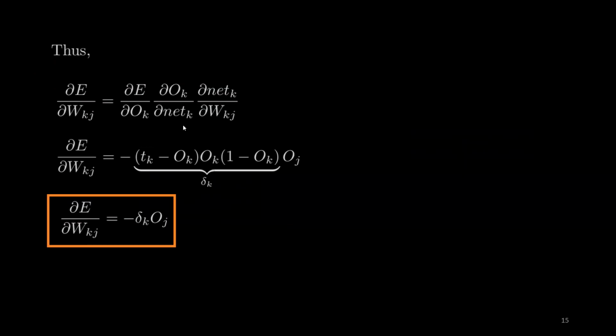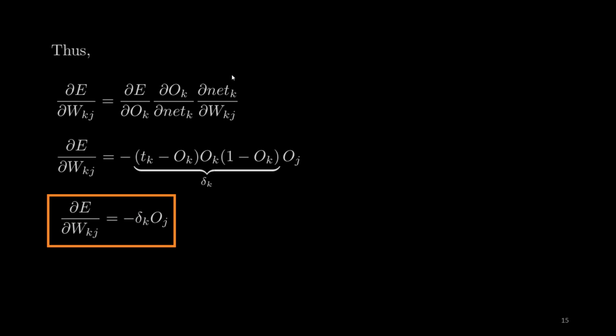So if you remember, that was the equation of backpropagation in moving from the output layer to the hidden layer. And now we have calculated the values of each term present in this equation. So we know that the value of this term is minus (tk minus ok). The value of the second term was ok times (1 minus ok).